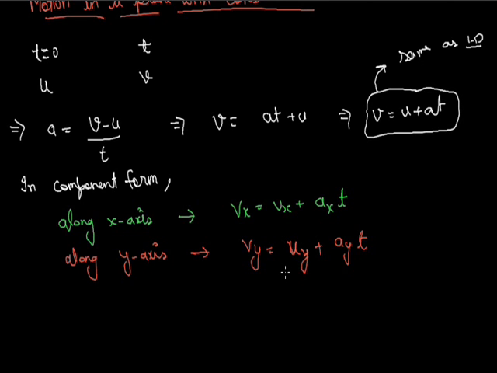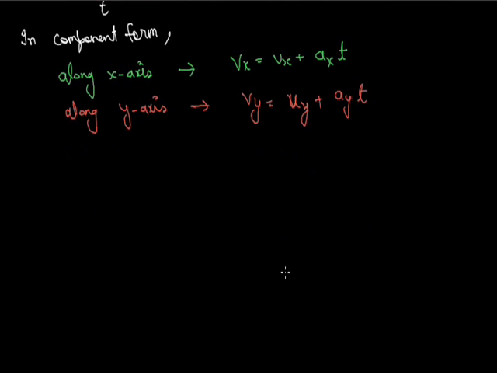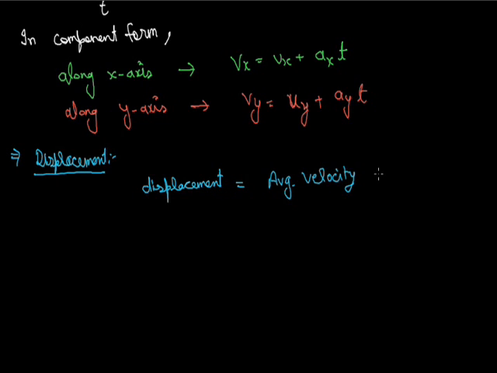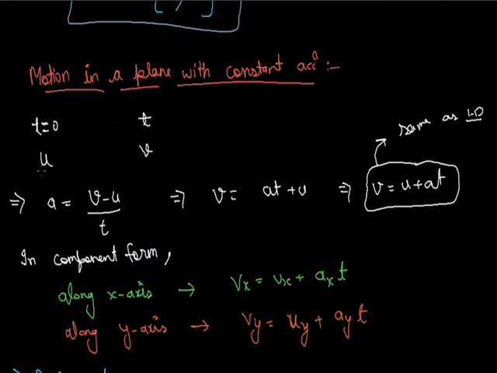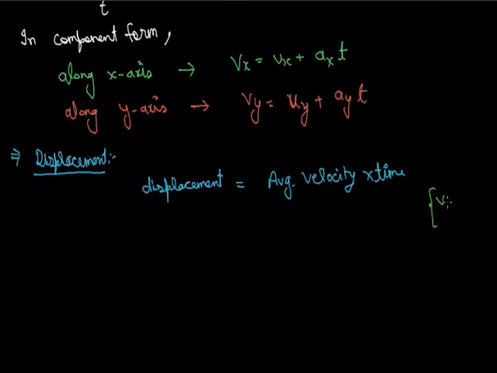Okay. Now next is displacement. We know displacement is equal to average velocity into time. And we know our initial velocity is u and final velocity is v. So average velocity becomes u plus v by 2.